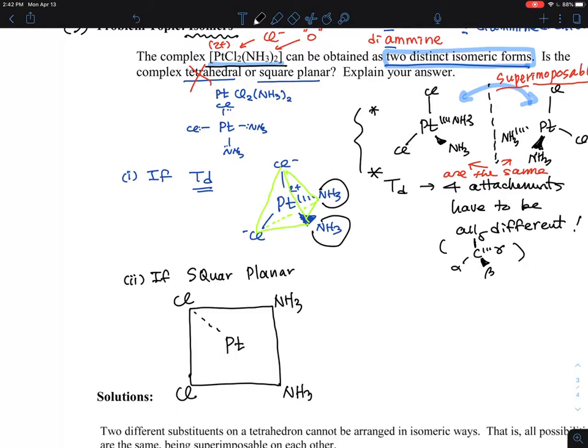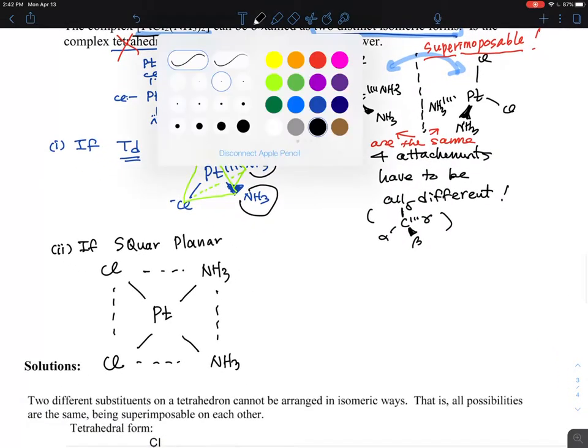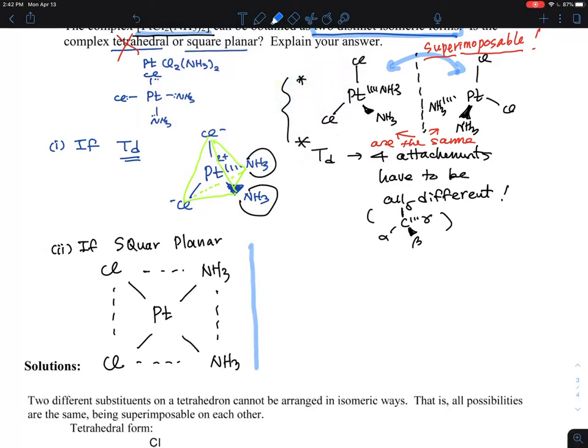I think I should put it the other way around, so it's more like this, and that, and they form the square planar. But what do you see here? If you put once more a mirror, you will find that the one with NH3, Pt, NH3, Cl, and Cl, they are superimposable.